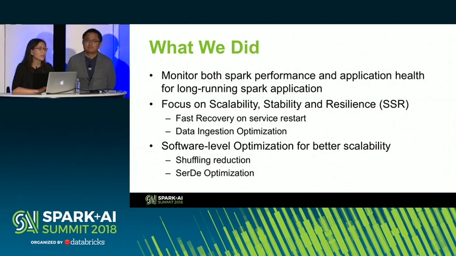Thirdly, we have done lots of software-level optimization for better scalability and lower cost. Specifically, we reduce the data shuffle and optimize the data serialization. Next, I will pass it to Shubo to give more detailed explanations on each of these items.